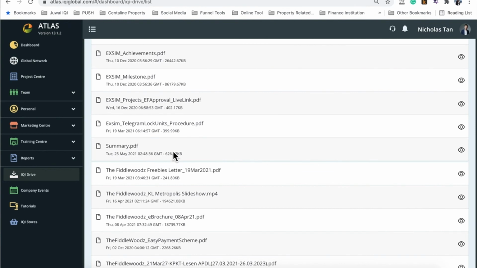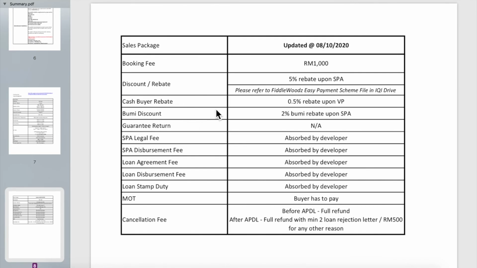So what is the summary? As you can see here, this is a summary. I just shortcut because I have downloaded this PDF. I just want to show you this part. And you can see the package. Usually under the sales package, you can see the SMP legal fee absorbed by developer, disbursement absorbed, loan agreement.